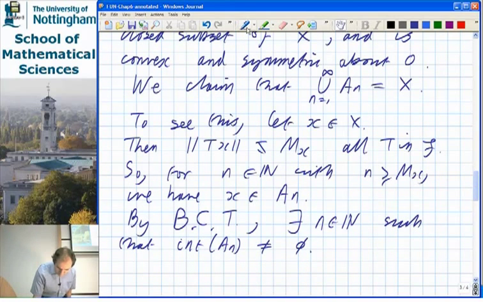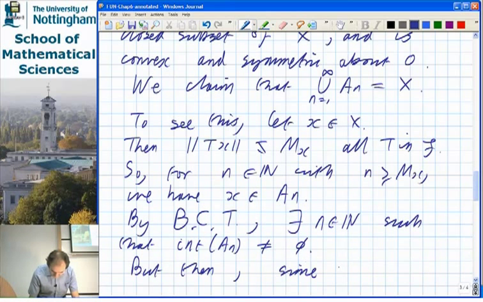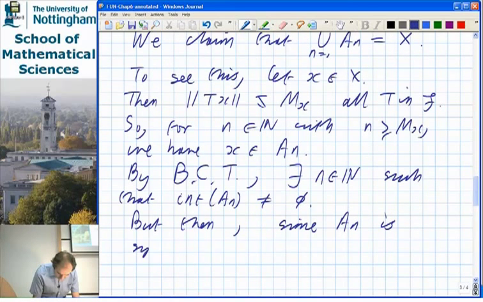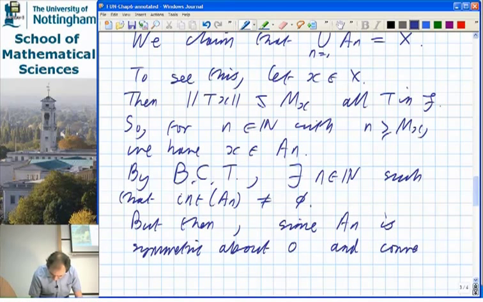But then, since A_n is convex and symmetric about 0, we have that 0 is in the interior of A_n.